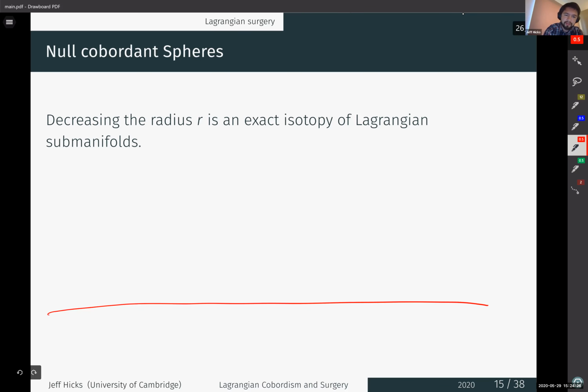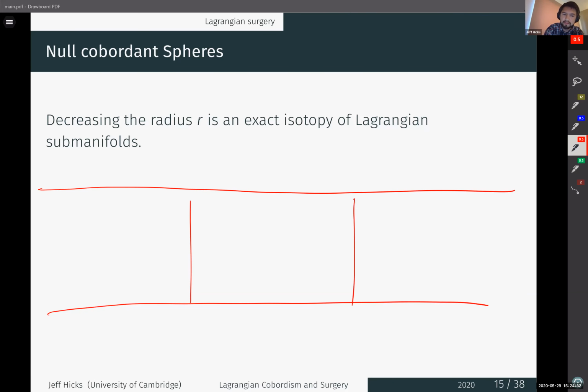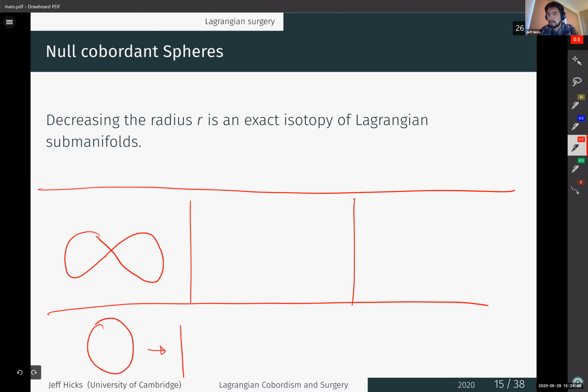So let me draw a sketch for what happens as I try to decrease this radius. Let me describe the exact isotopy for the Whitney sphere.